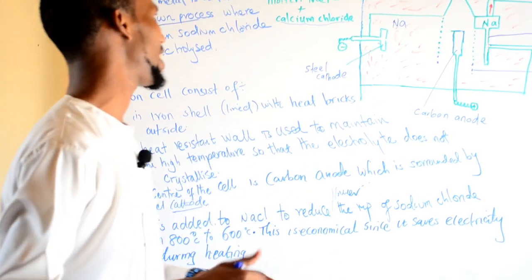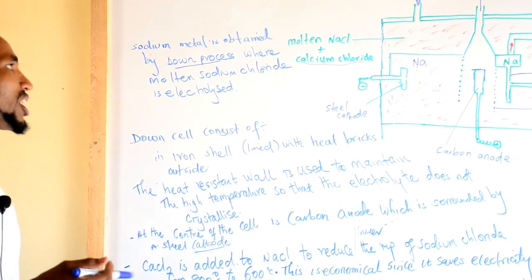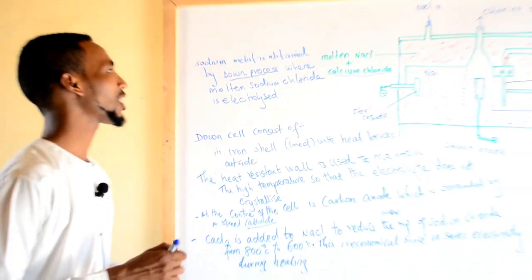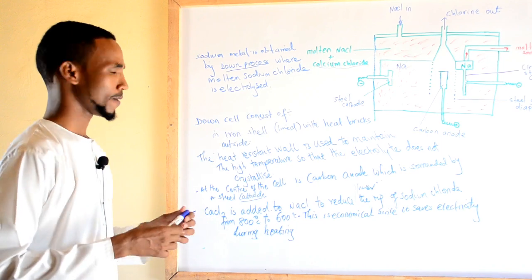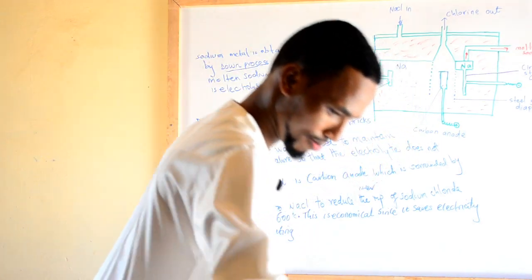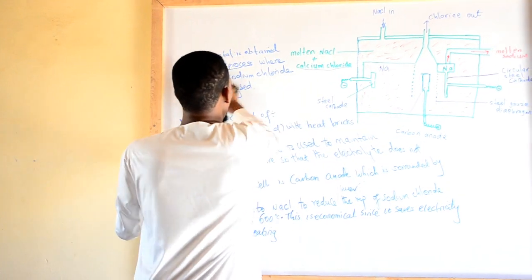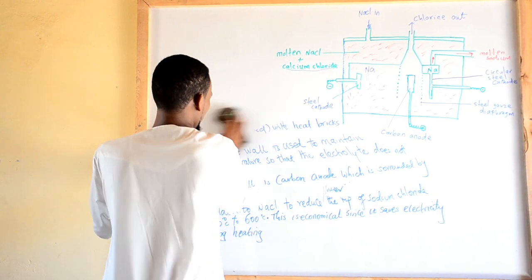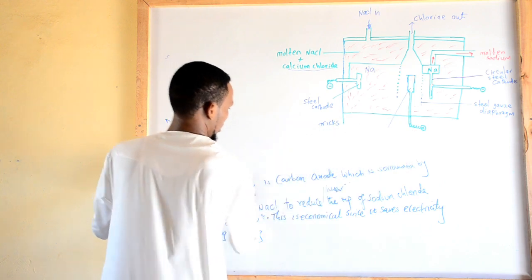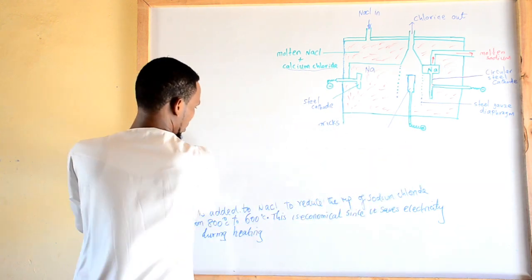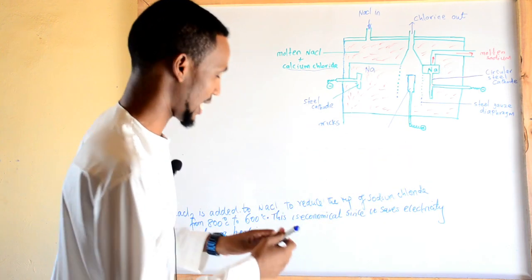So that is the purpose of adding calcium chloride into the mixture, into our electrolyte. So let's come to the electrolysis process now. We said we add calcium chloride.